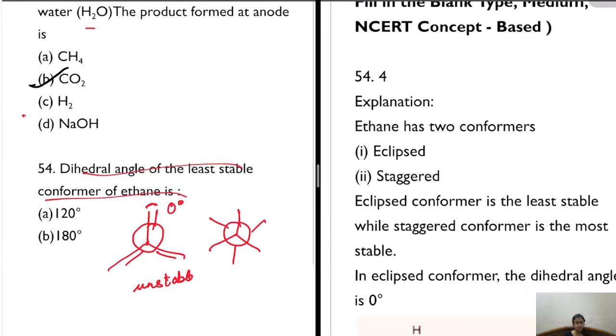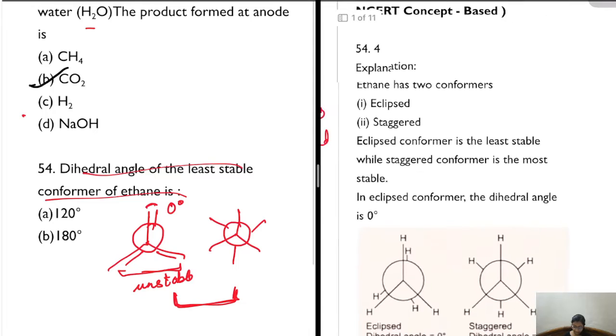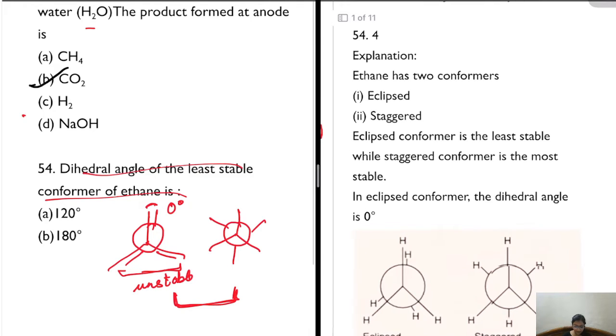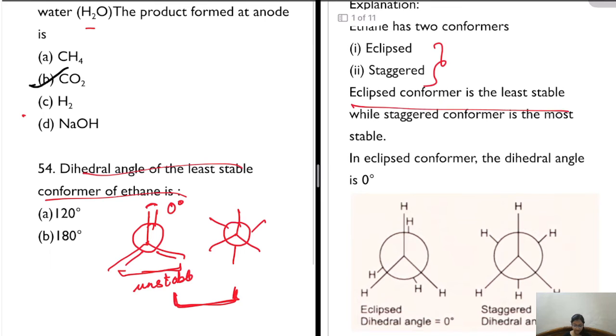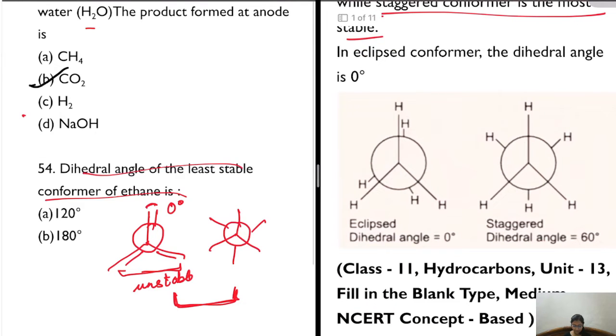All other angles between these two are intermediate in stability, but this is the least stable. There are a lot of repulsive interactions. As I told you, eclipsed is the least stable, while the staggered conformation is the most stable. This is for 0 degree and this is for 60 degree.